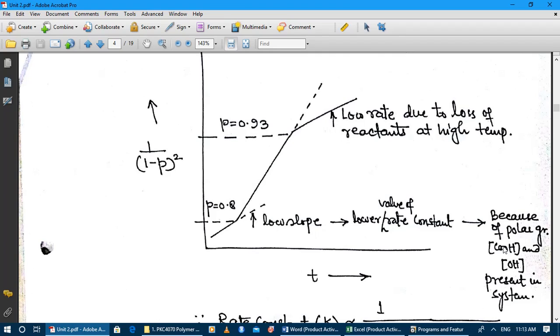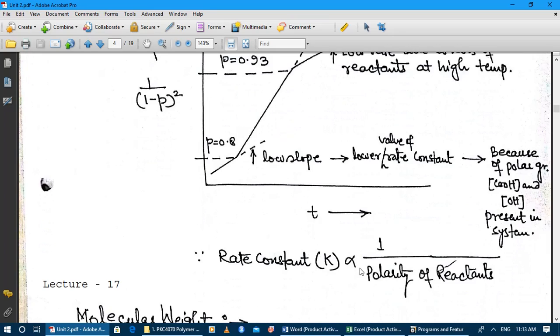My diacid and diol are both highly polar molecules, and because of the high polarity, the rate constant is inversely proportional to the polarity of the reactant. So in the initial lower conversion region, below 80%, the reason for deviation is the polarity of my reactants.